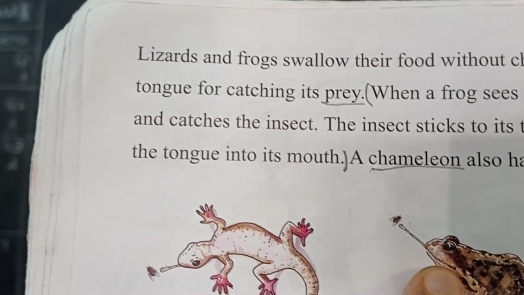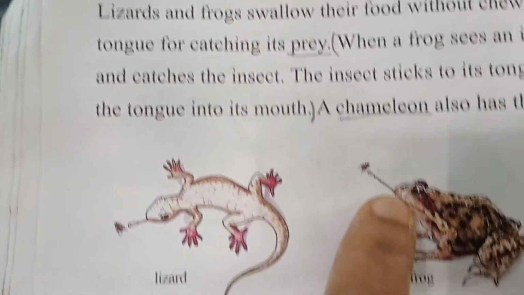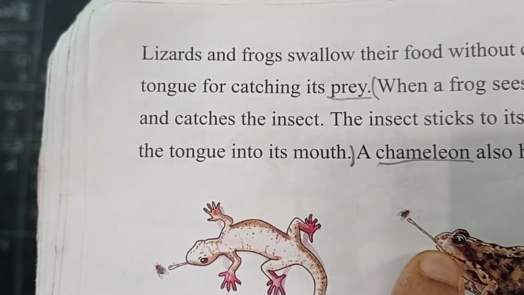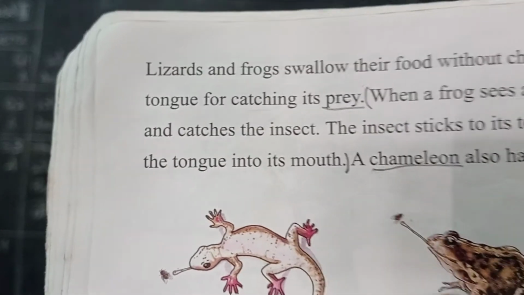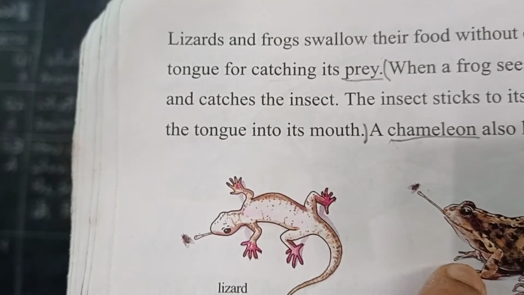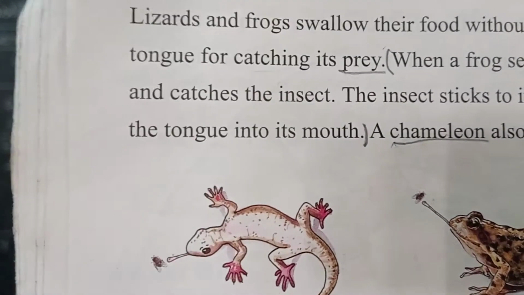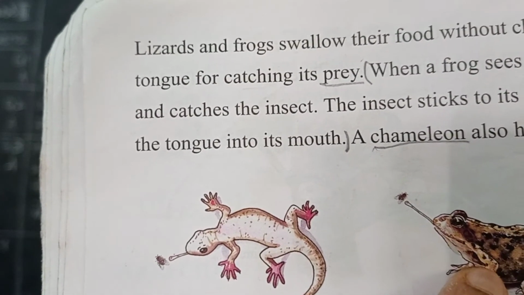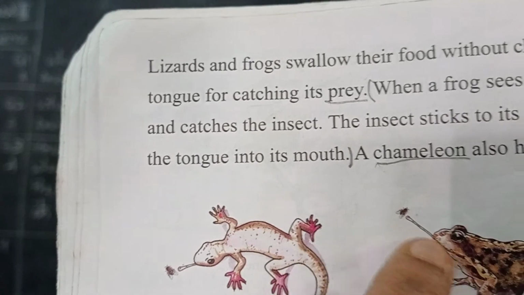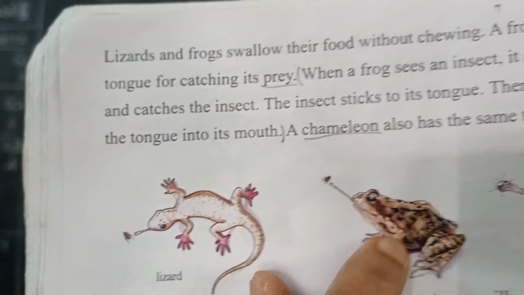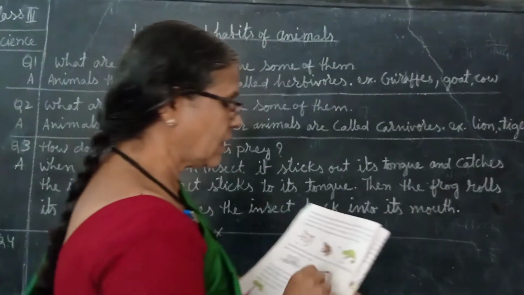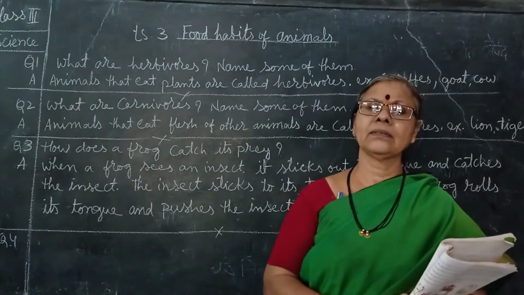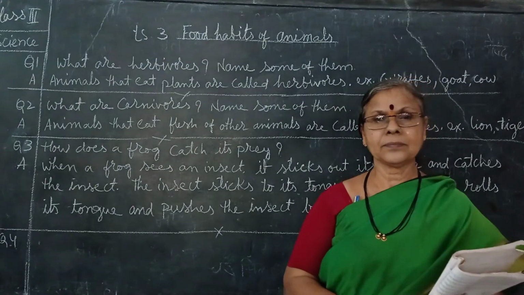The insect sticks to its tongue. Then the frog rolls back its tongue and pushes the insect back into its mouth. So this is the answer. If you see this diagram, then easily you can write the answer.